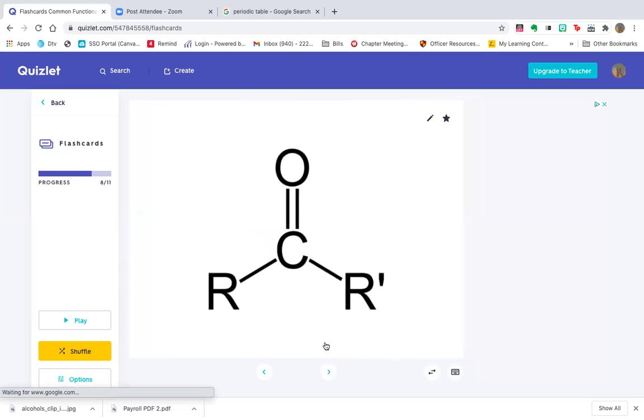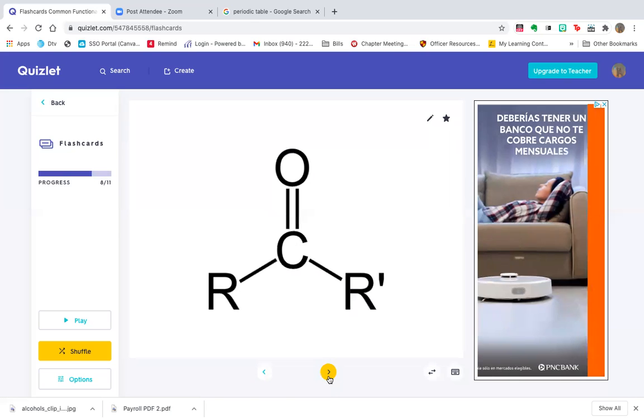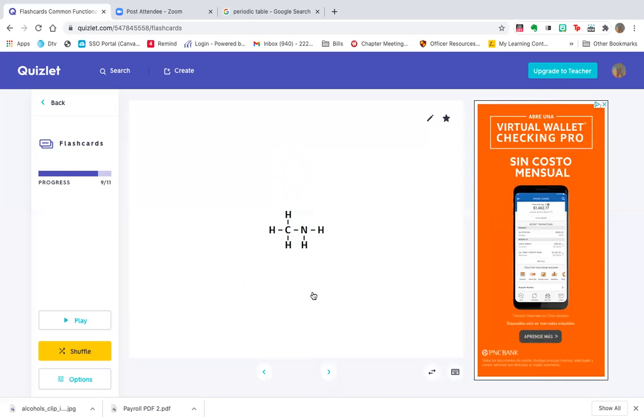All right. Ketone. Yeah. Because think of it as carbon, carbon, carbon, and then the oxygen. Amine. Yeah. Alkyne, yeah. And the last one. Carbon, carbon, hydrogen.